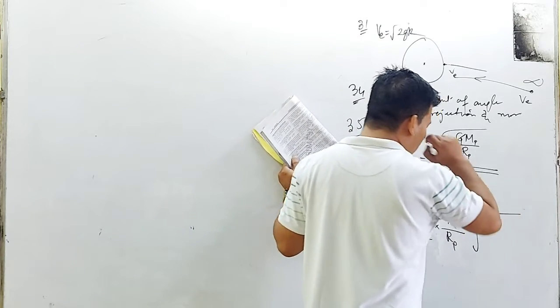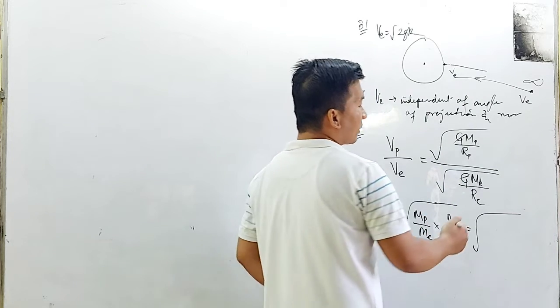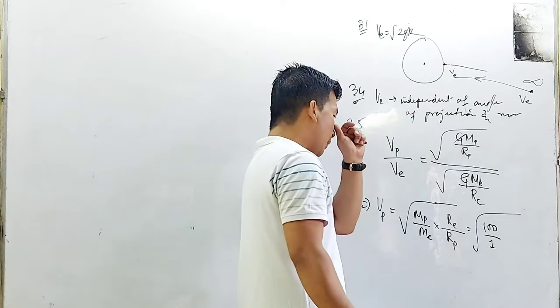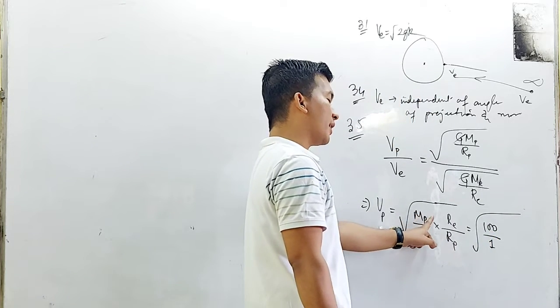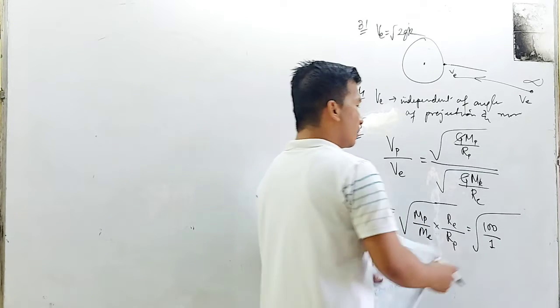What is the mass of the planet? It is 100 times, 100 divided by 1, and your M_P will be written as 100 M_E, which gets cancelled.